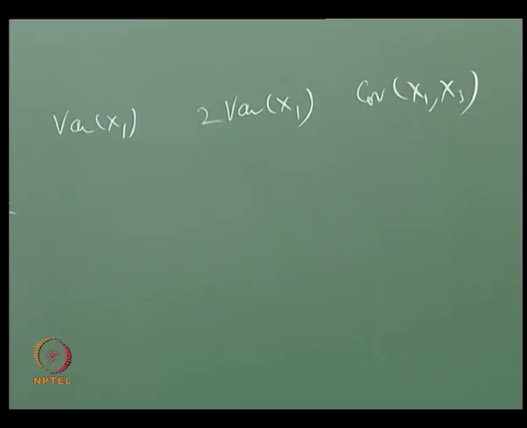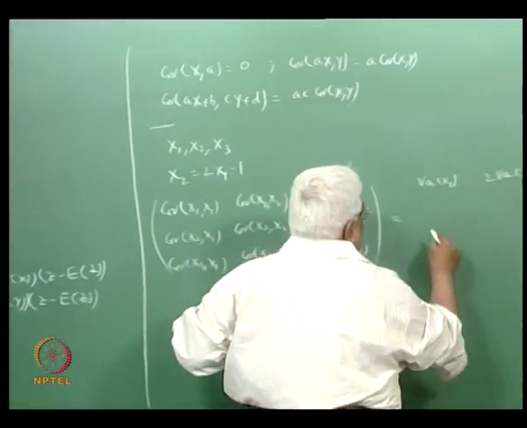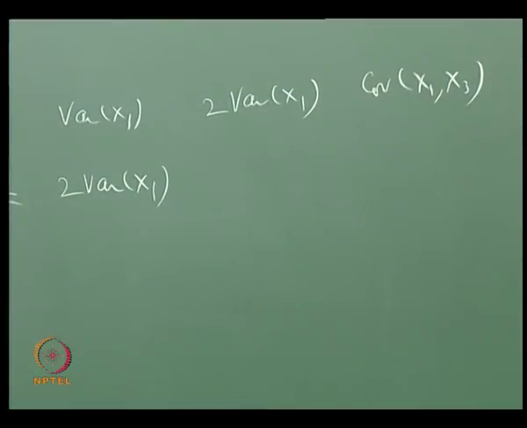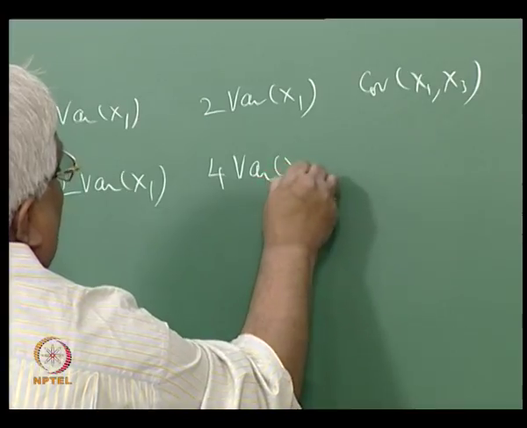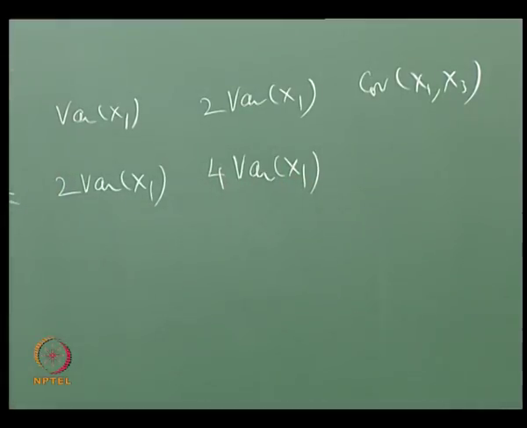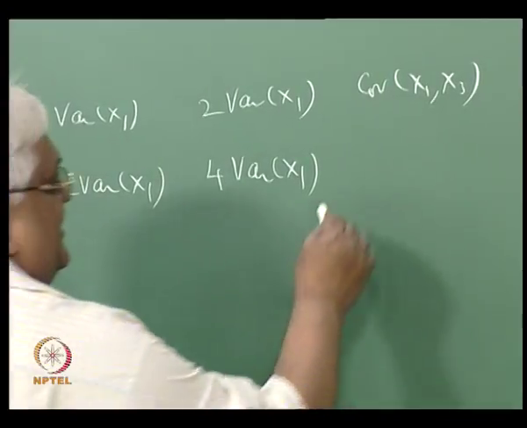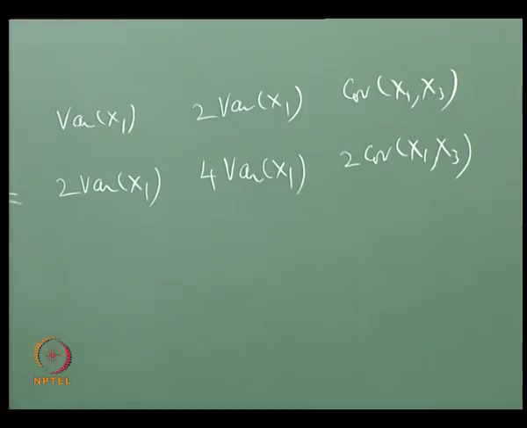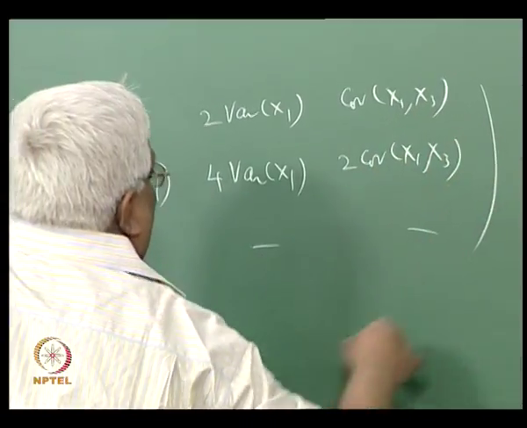Now, covariance of x2 with x1 is 2 times variance x1, and x2 with x2 is 4 variance x1, and x2 with x3, where x2 is 2 x1 minus 1, will be 2 covariance x1 x3. And anyway there is a third row.